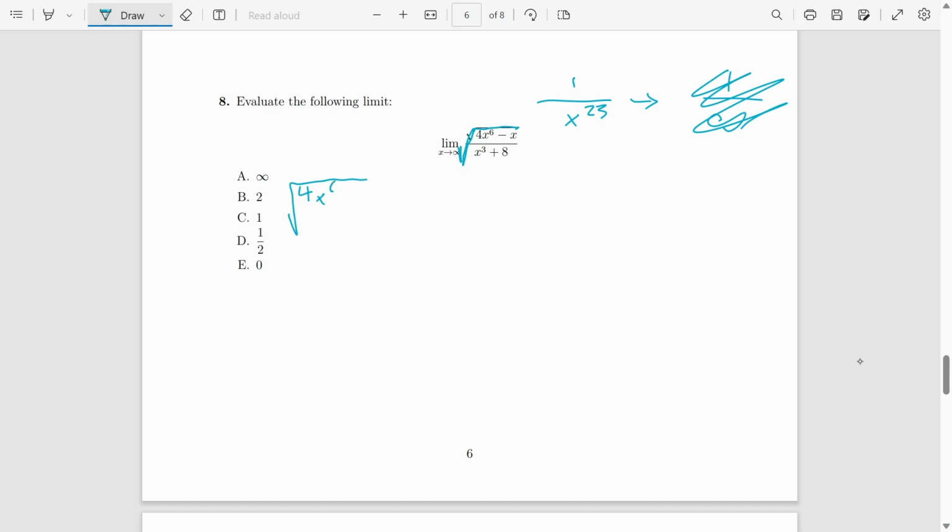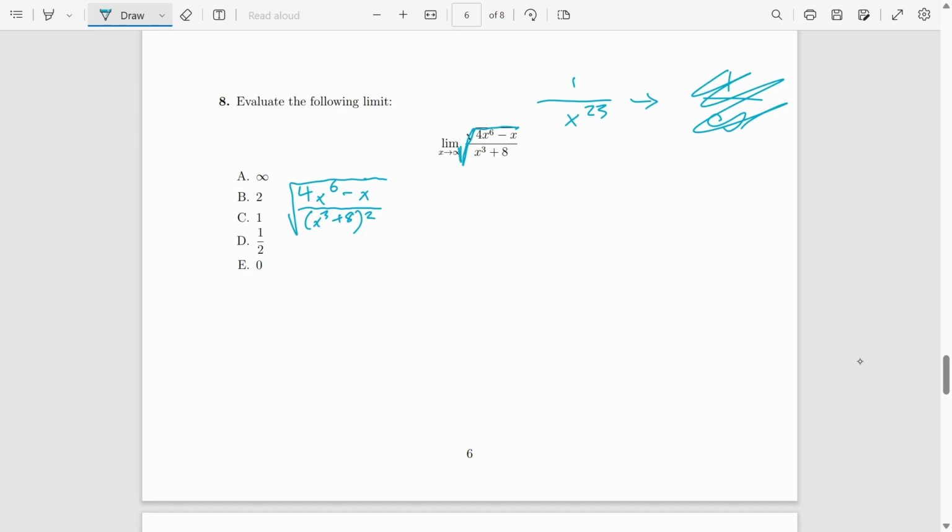So 4x to the 6 minus x all over x cubed plus 8 squared, and then the square root of the whole thing. So you just immediately take the square root of the square, so it doesn't change the function.